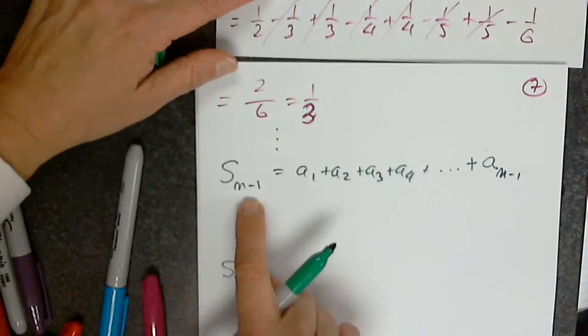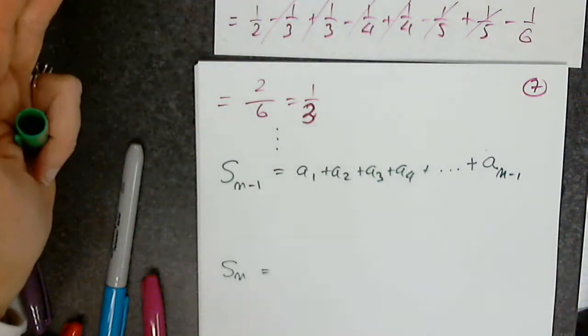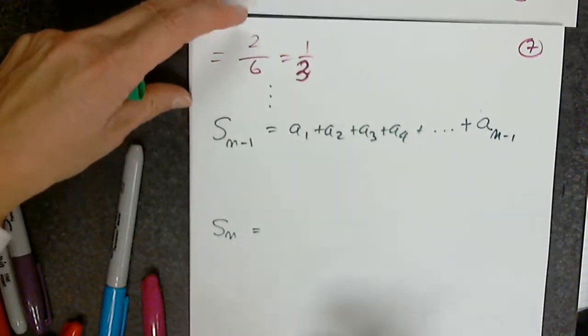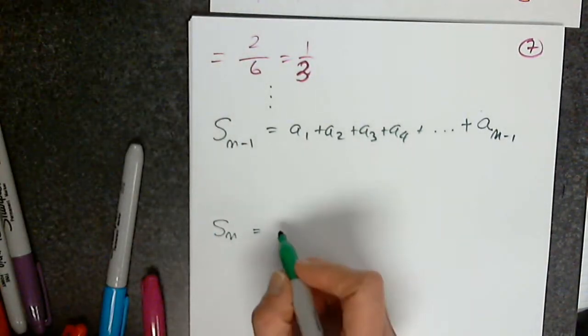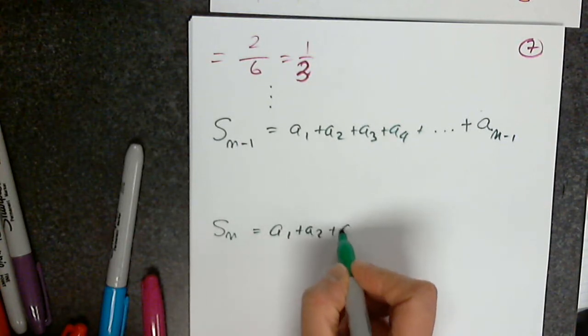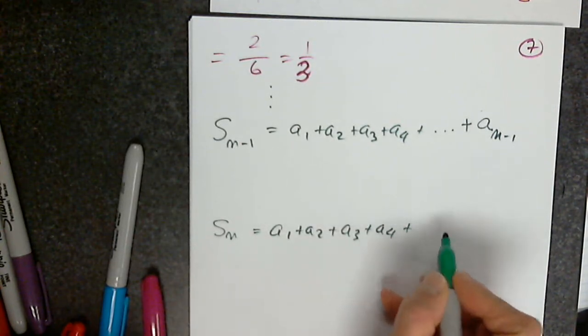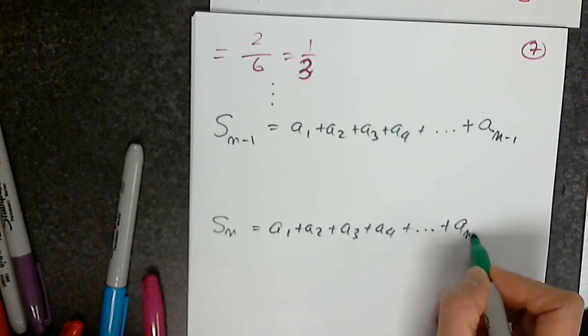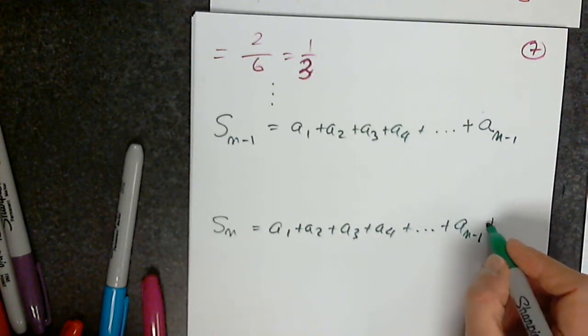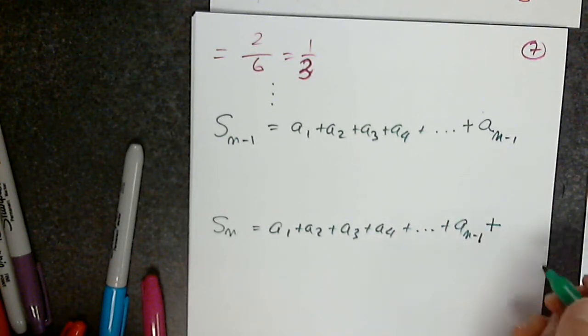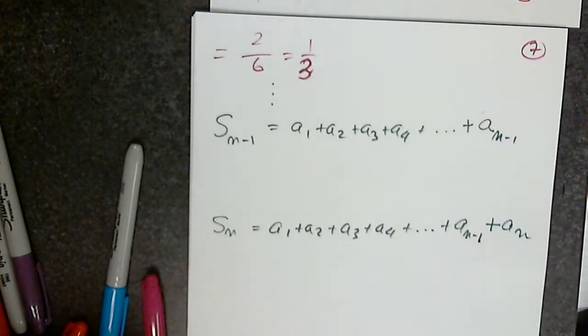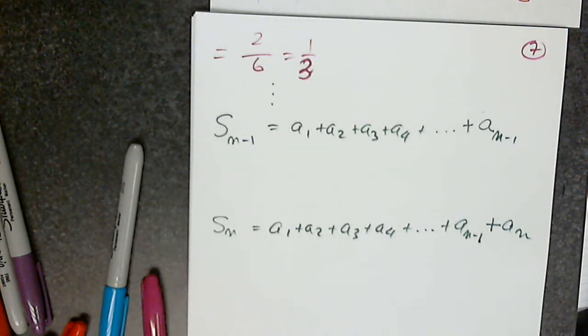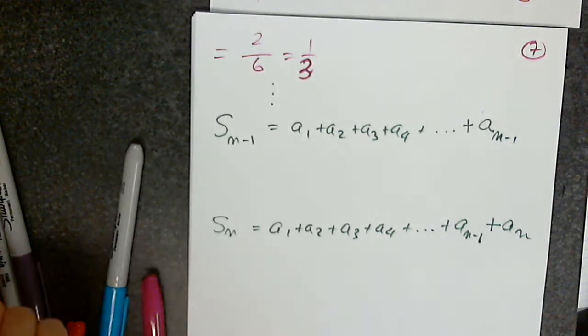When I have n minus 1, I have to stop at n minus 1, correct? What will you say? A1 plus A2 plus A3 plus A4 plus dot dot dot plus A n minus 1 plus A n, indeed. Okay, so let's see what we have here.